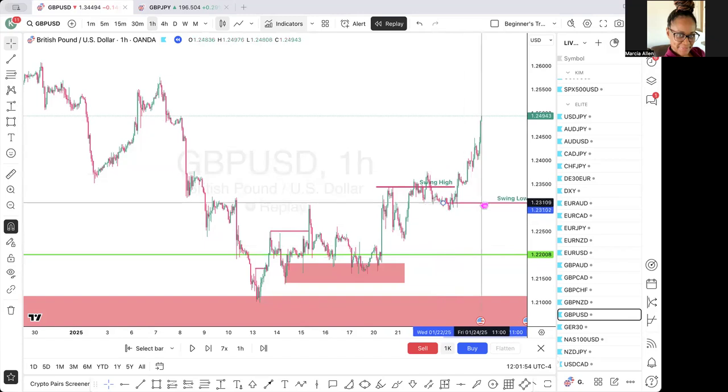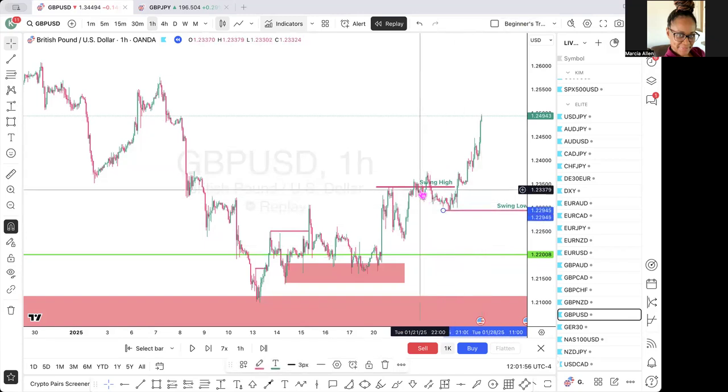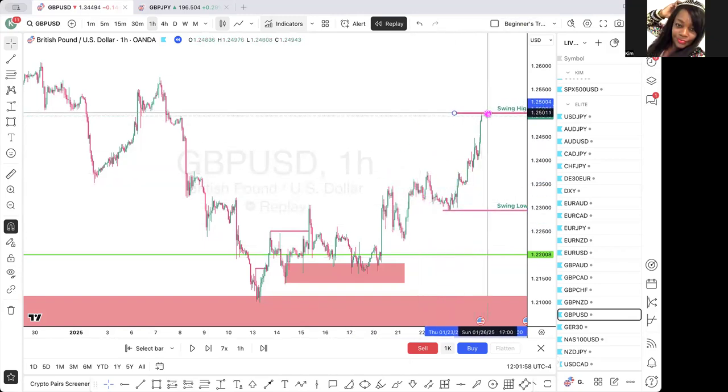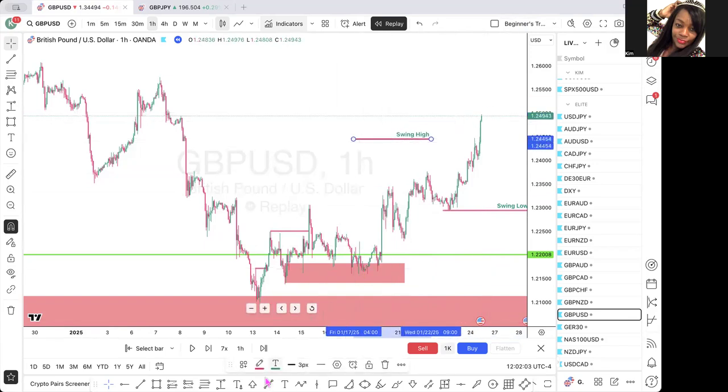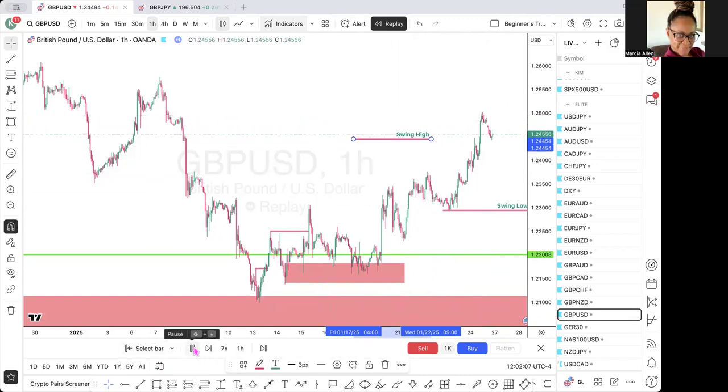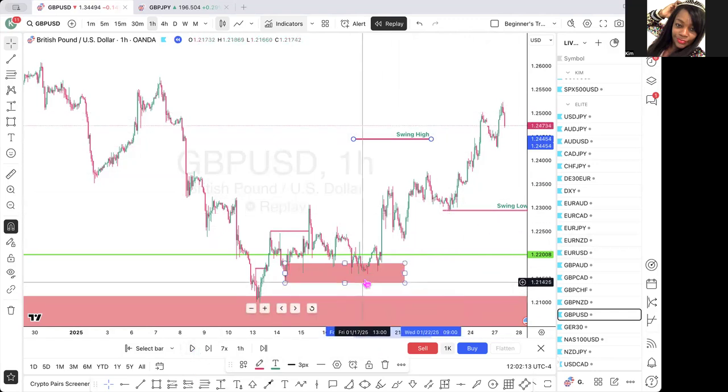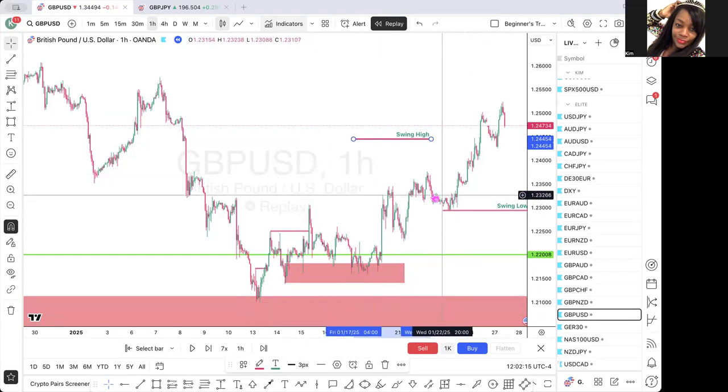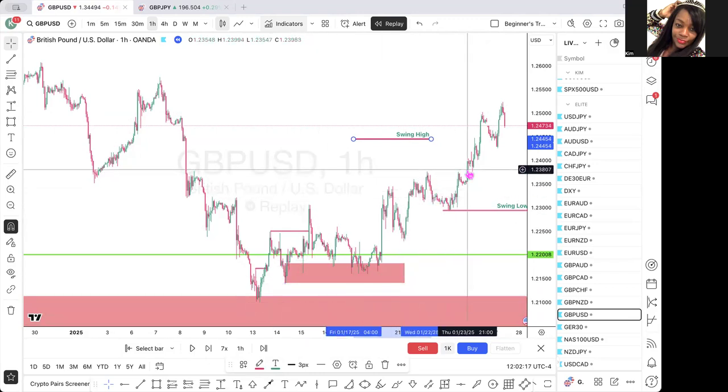So now this is my swing low, and currently, price is still pushing up, so I can't say that's my high yet. But you see it pull back, but I'm gonna keep this as my swing. Price broke here, this is my swing low. I'm gonna just let it keep running.